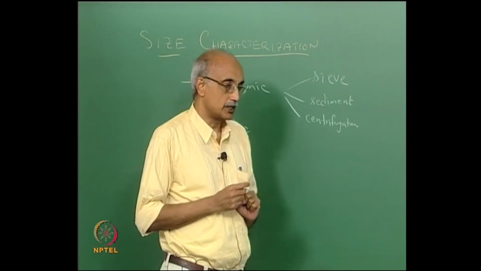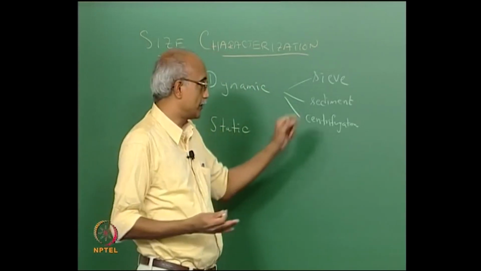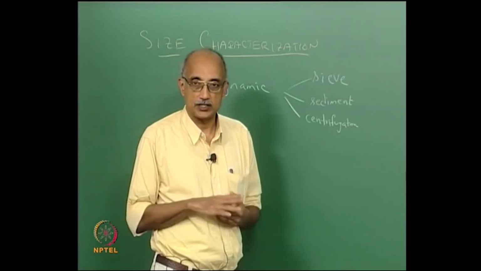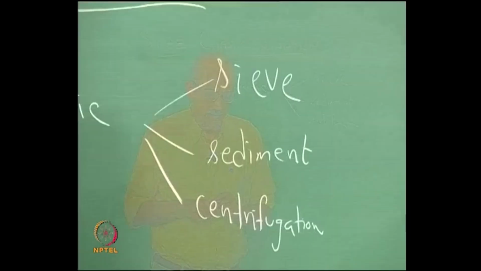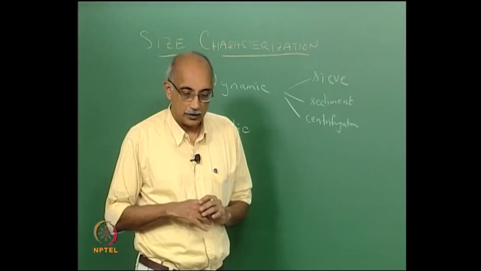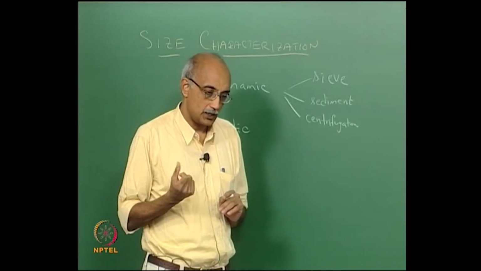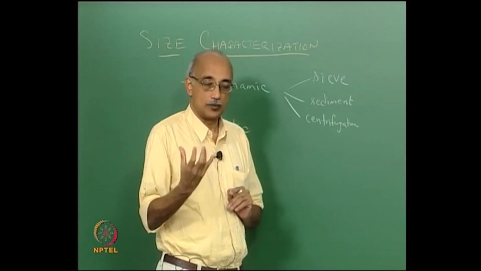Now, sedimentation is basically a wet technique compared to sieving, which is predominantly a dry technique, although there are wet sieves that are also available. Sedimentation again has certain limitations. The first is really interference from neighboring particles.